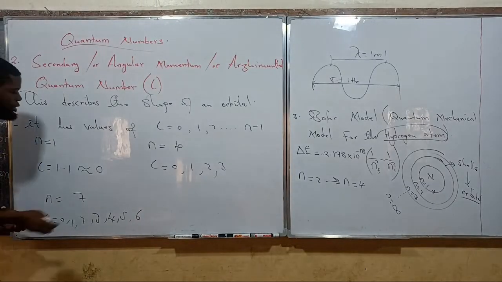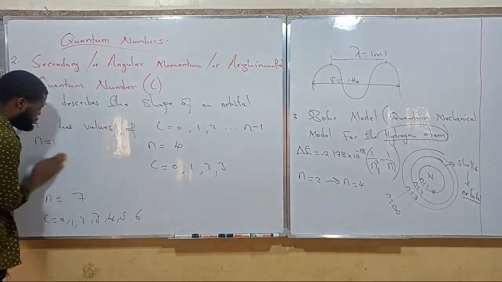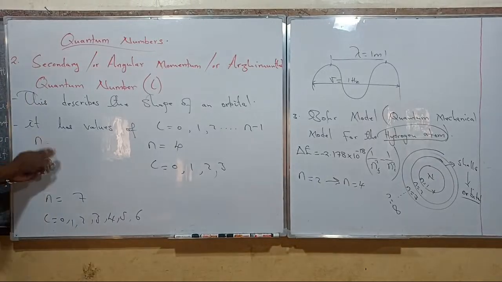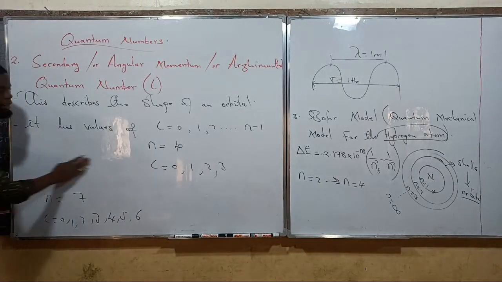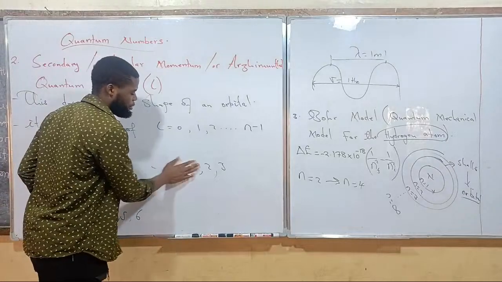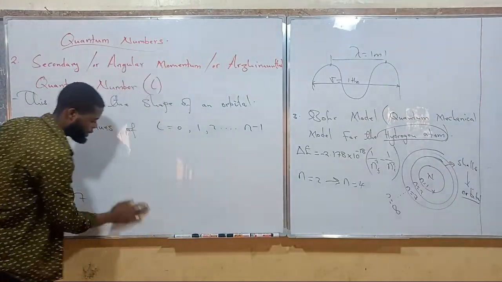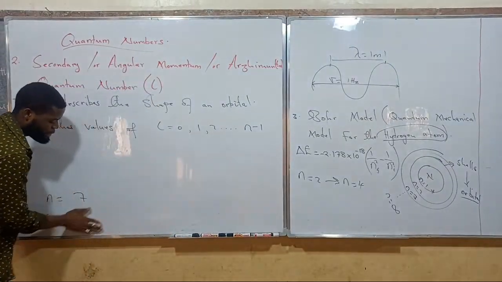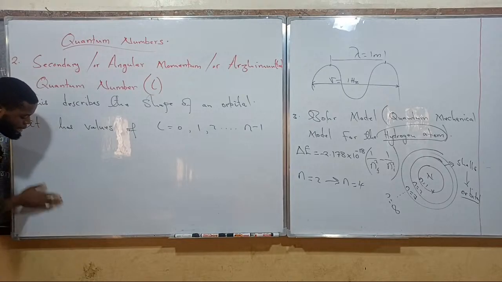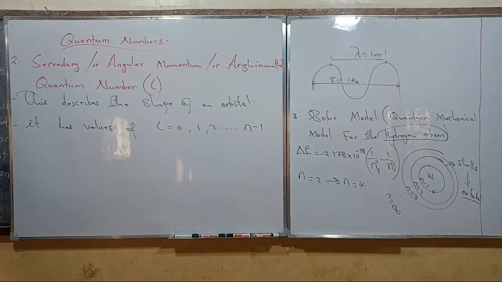Now, because the angular momentum quantum number specifies the shape of an orbital, for each value of L there is a specific designation in terms of the shape.